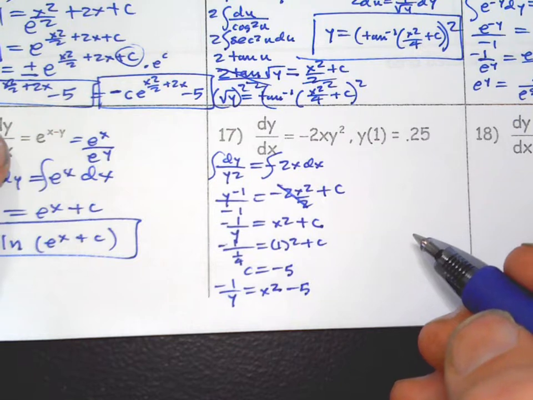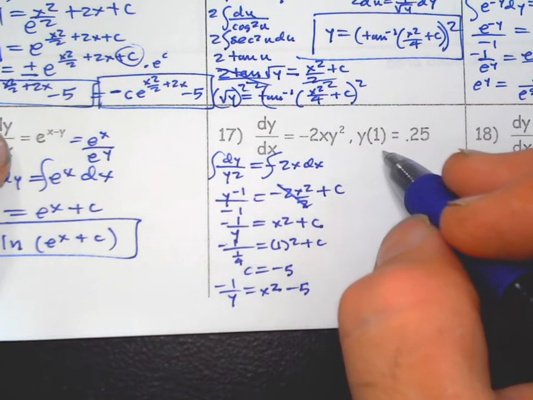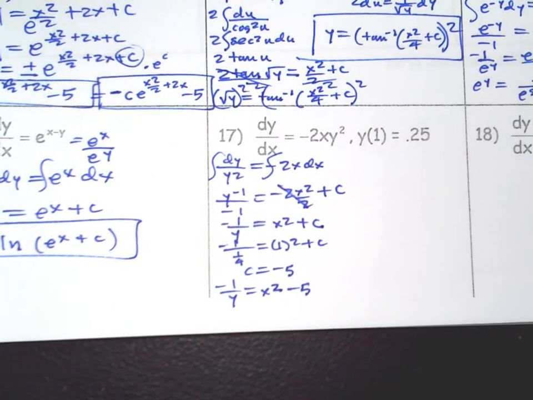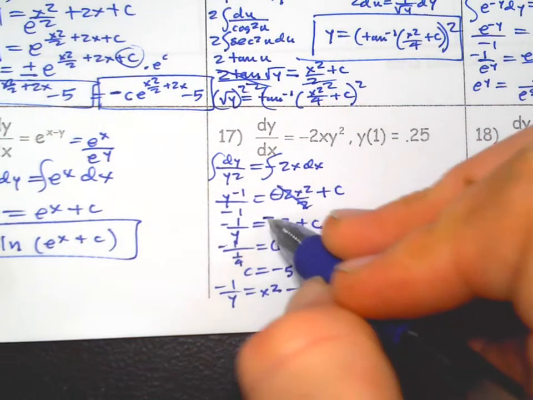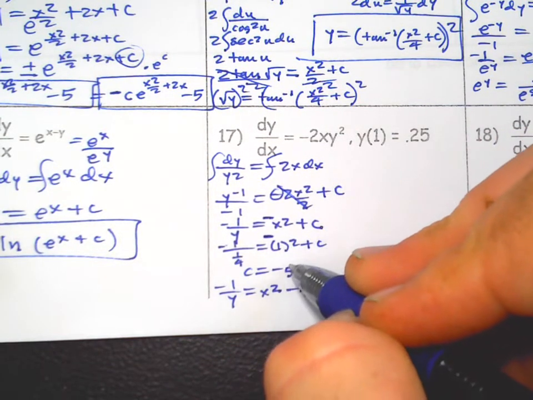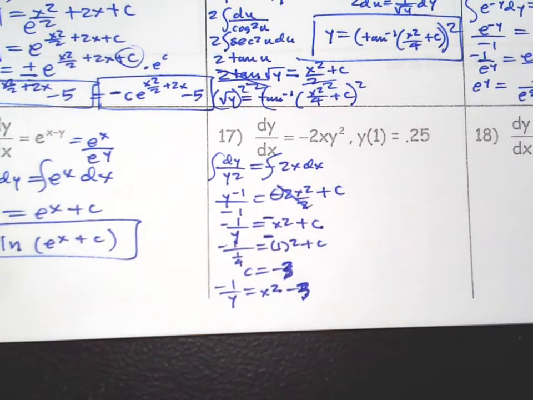So then we could just flip both sides and multiply by negative. And did I make a mistake? There's a negative here still. So this is going to be negative 3. Little mistake. All right.